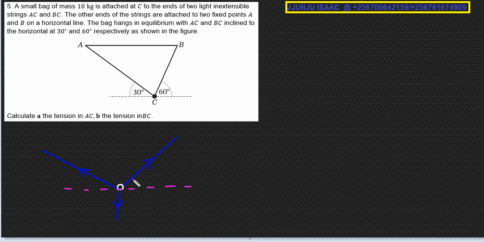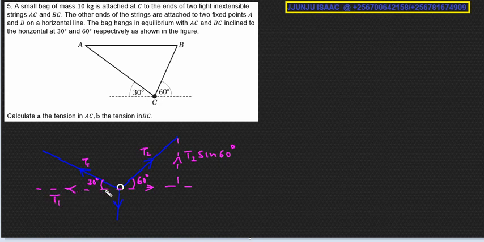Now this angle here is 60 degrees and this one is 30 degrees. So resolving, this is T1 and this is T2. So we need to resolve this horizontally and then vertically. So this is going to be T2 sine 60 degrees. So we move to the left here. This is going to be T1.